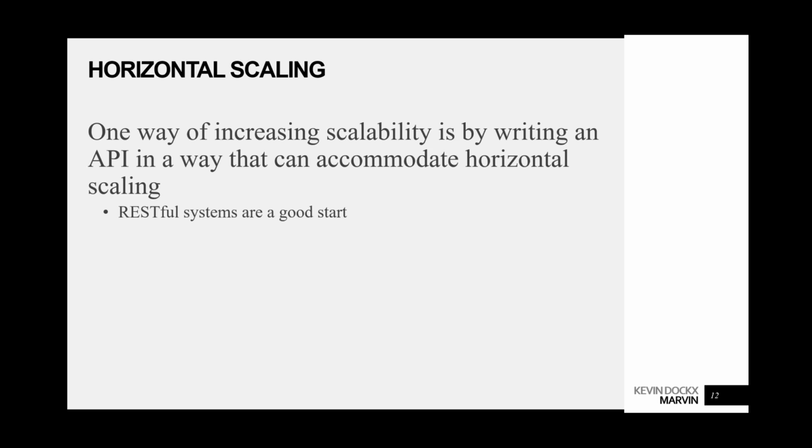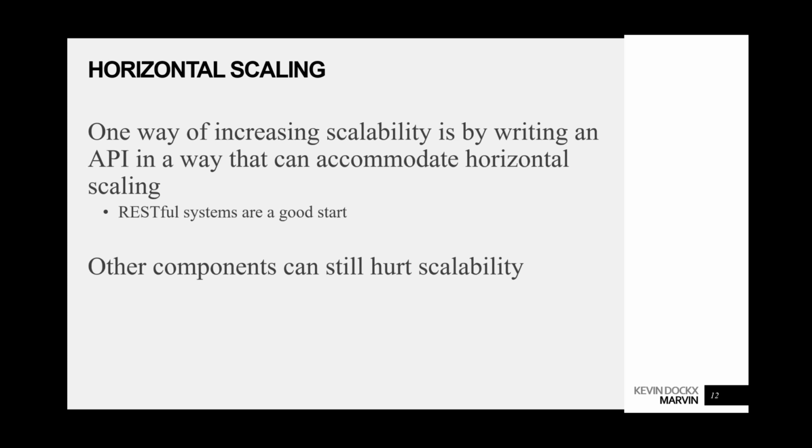Now, if you were to architect your application in such a way that some sort of session state is held at server level, well, that's already a bit harder to accommodate horizontal scaling, because then it does matter where the second request comes after the first request is done, if they are related, of course. So to accommodate horizontal scaling, start with a RESTful system, or at least something that's stateless over HTTP, in other words. But that alone is not enough.